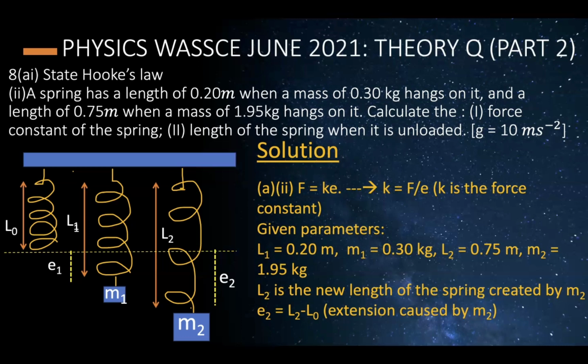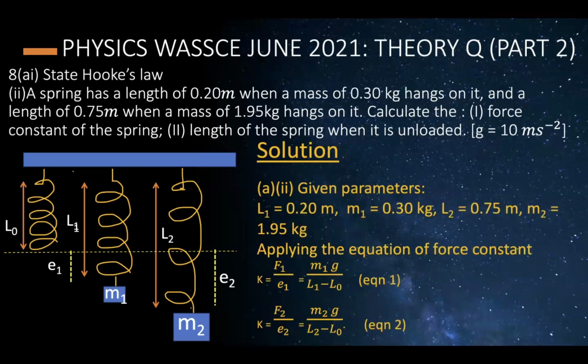I just showed you the unknowns. You don't know the constant, and you don't know what the extension is. If you know the original length, it will tell you what the extension is. So those two are connected, right?